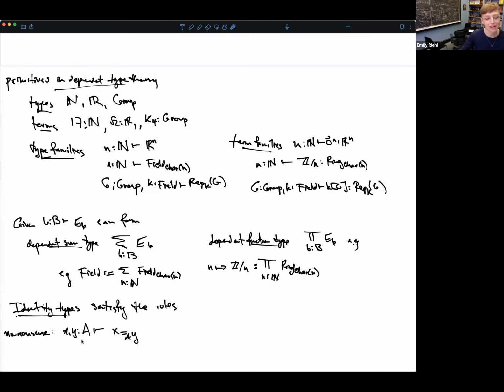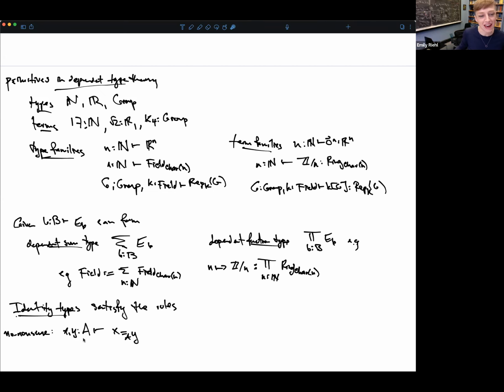This is a type that depends on having already two terms of type A. And this type is asserting that it's meaningful to inquire whether x and y might be identified as long as they are two terms of the same type. So it's not meaningful to try and identify terms of different types.